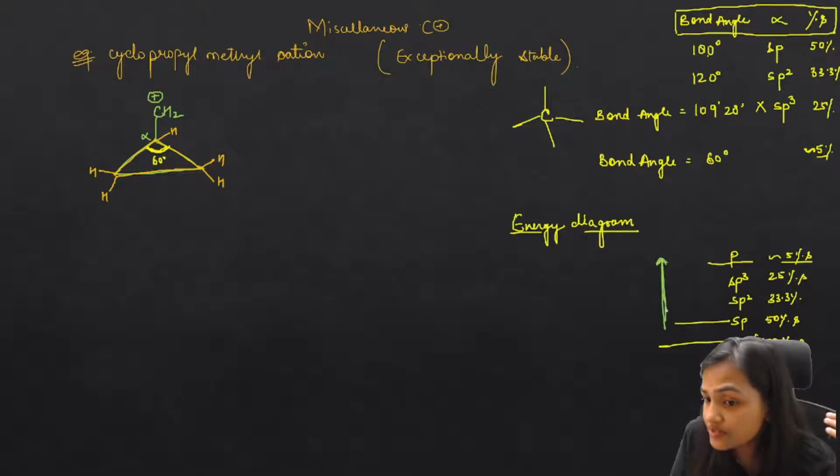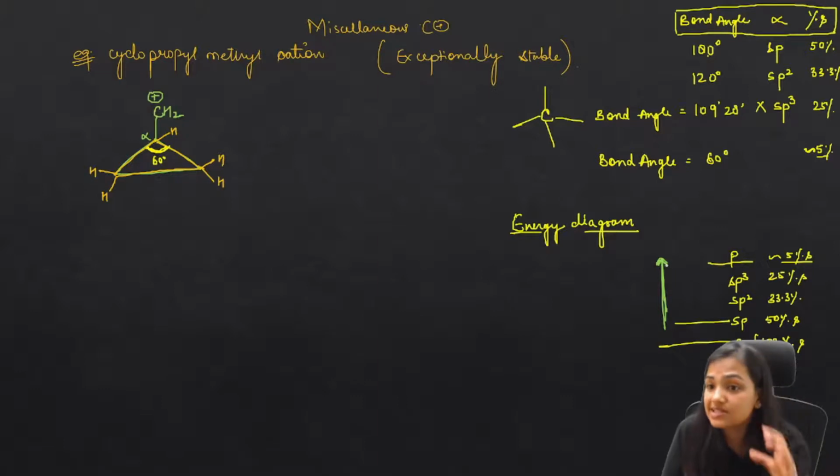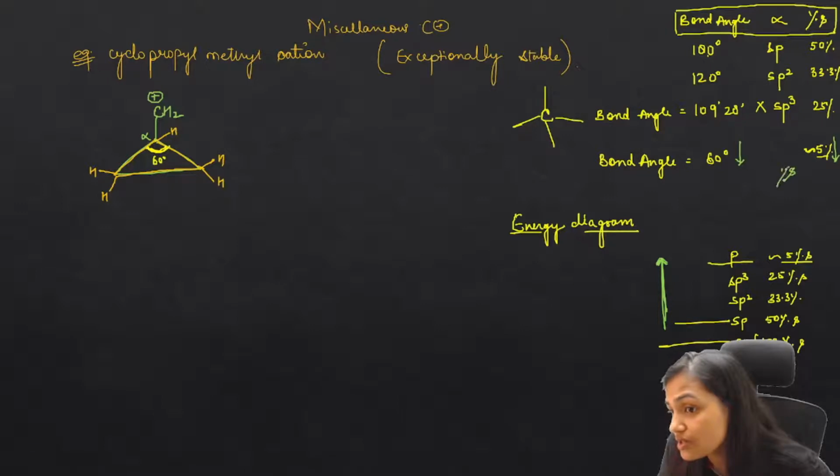So because of this reason, this is a cyclopropyl ring having a bond angle of 60 degrees. As the bond angle decreases, the S character decreases, and since the percentage of S character decreases, the percentage of P character relatively increases.